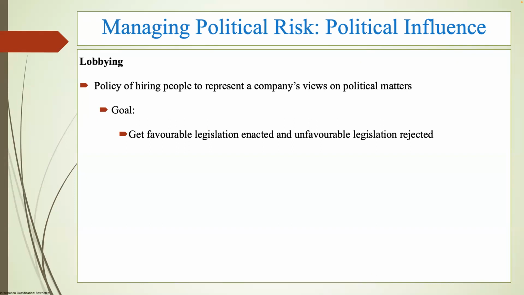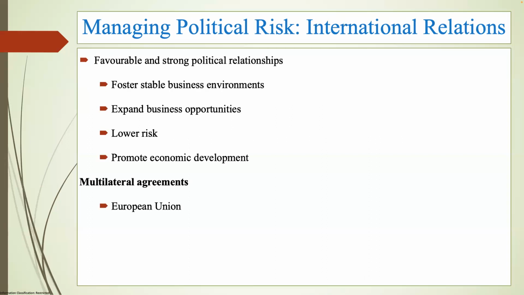Basically, what is the goal? The goal is to get favorable legislation enacted and unfavorable legislation rejected. Relations among countries can influence the political economy of nations and the pace of economic development. Favorable and strong political relationships foster a stable business environment.